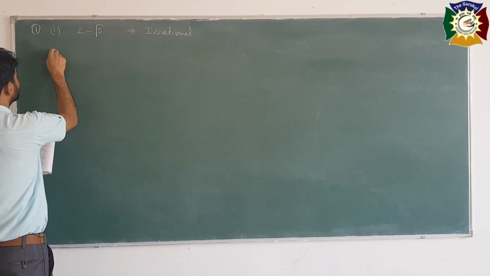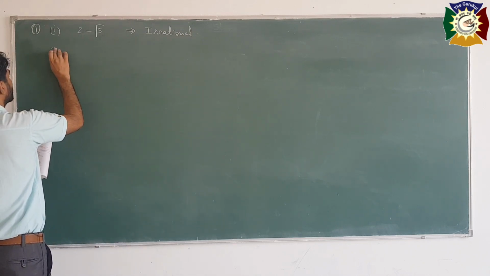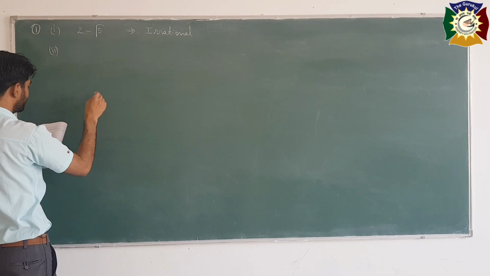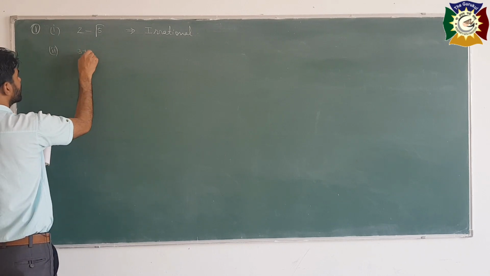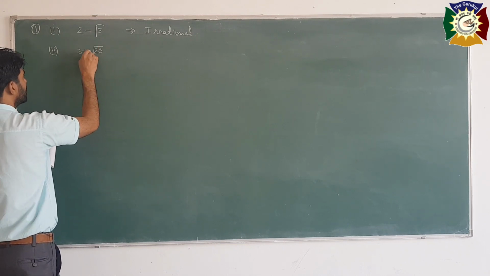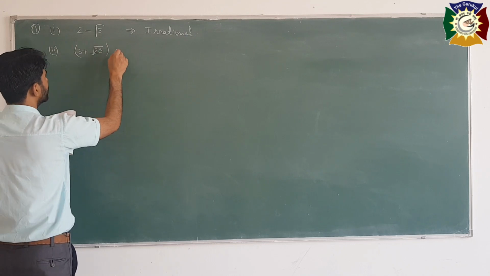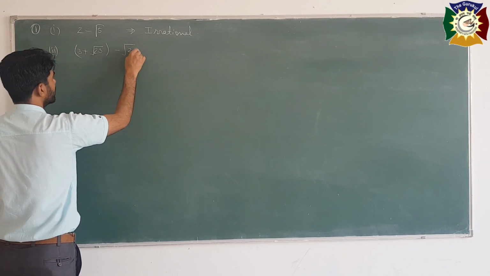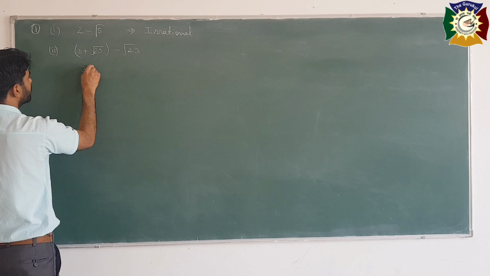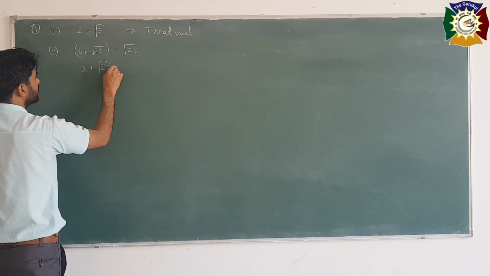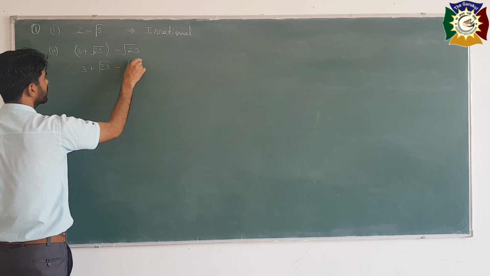Then we have second, 3 plus root 23, then minus root 23. If we open it, 3 plus root 23 minus root 23, they will get cancelled.